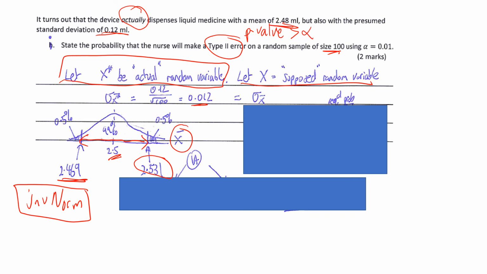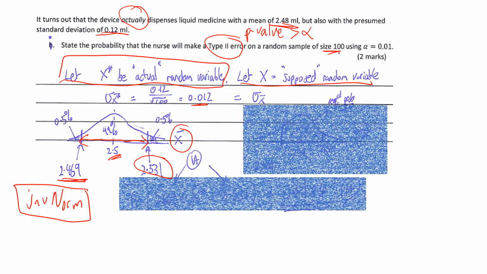Hopefully that's clear enough. So using a 1% level of statistical significance, any point estimate between 2.469 and 2.531 will lead that nurse to not rejecting the null hypothesis. It will have a p-value greater than 1% in this two-tailed test environment. Okay, all right, good. So continuing to move on.